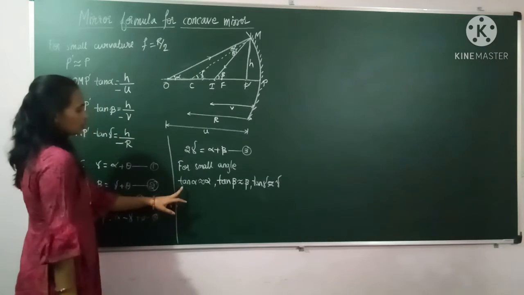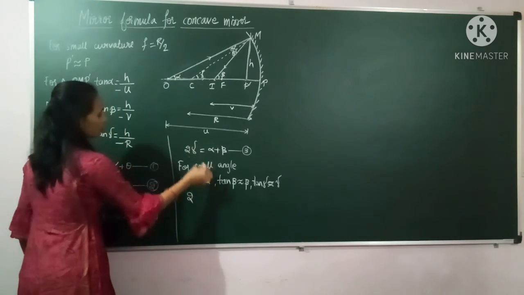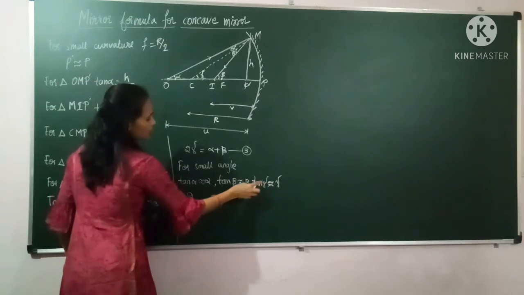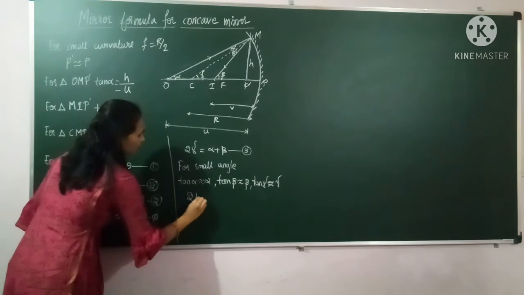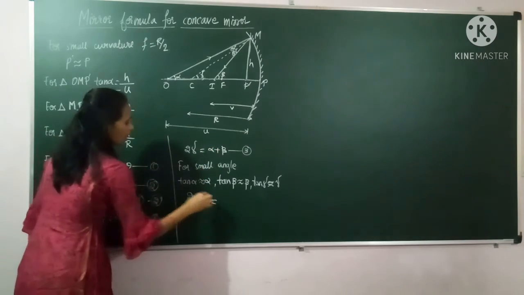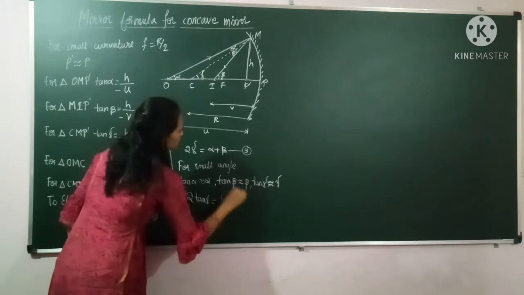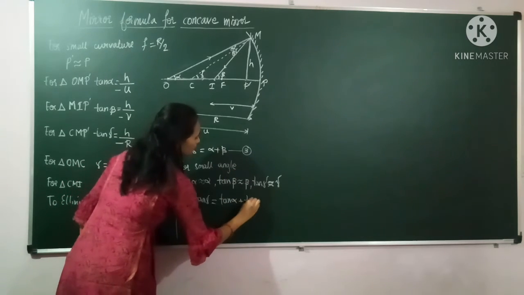So using this condition we will substitute here. In place of gamma we can write tan gamma equals to, in place of alpha we will write tan alpha because both are equivalent, plus here we will write tan beta.